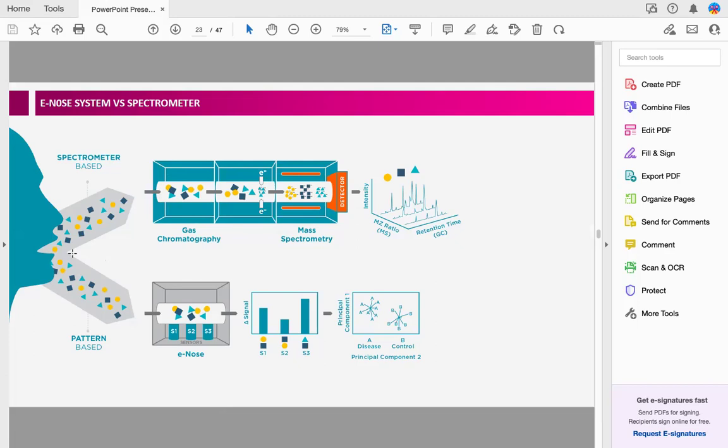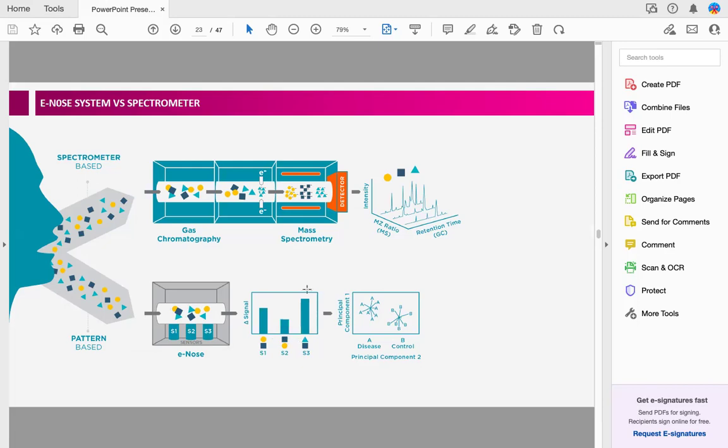But for e-nose, same principle. If we expose the volatile compounds, there are a lot of sensors. We need a lot of sensors. And then all these volatile compounds interact with the sensors, whether it's semiconductor, or FET.